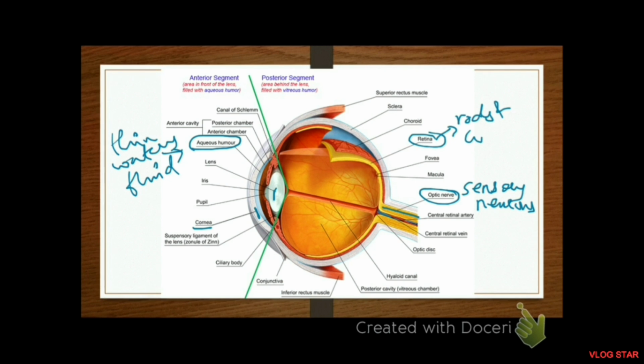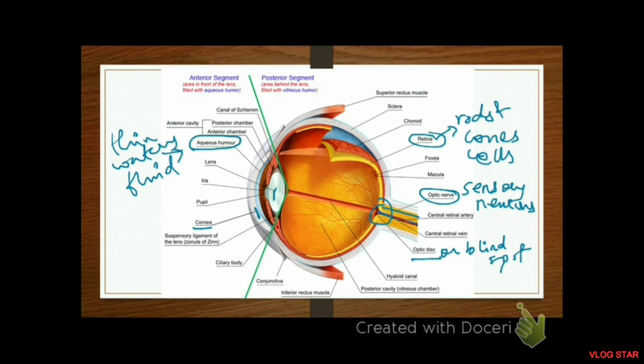We are familiar with these rods and cones. At the point where the optic nerve leaves the eyeball, rods and cones are absent, and this point produces an optic disc, or it is called the blind spot.